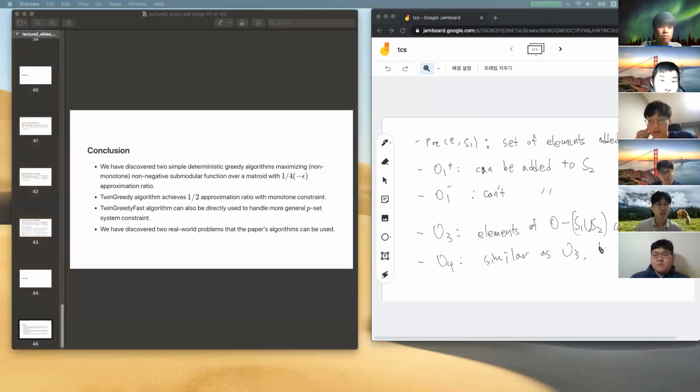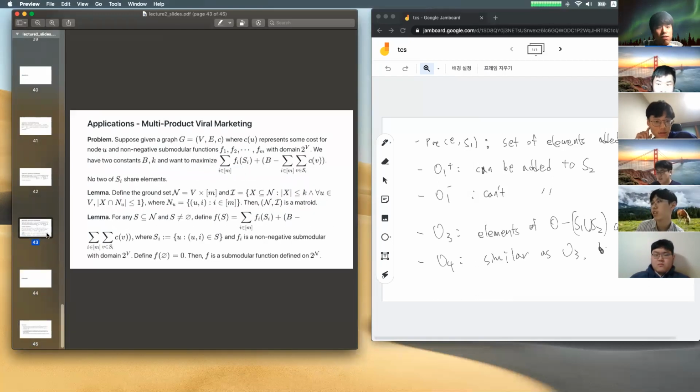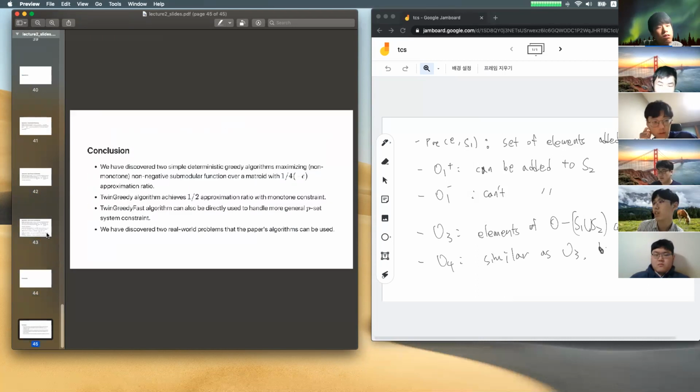Is the same approximation ratio guaranteed for the last two applications? The last two applications are examples of modeling problems that fit this algorithm.